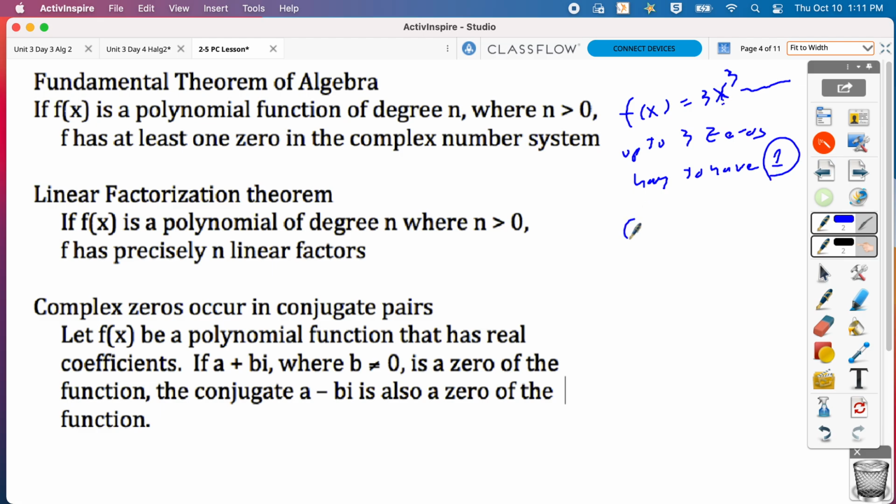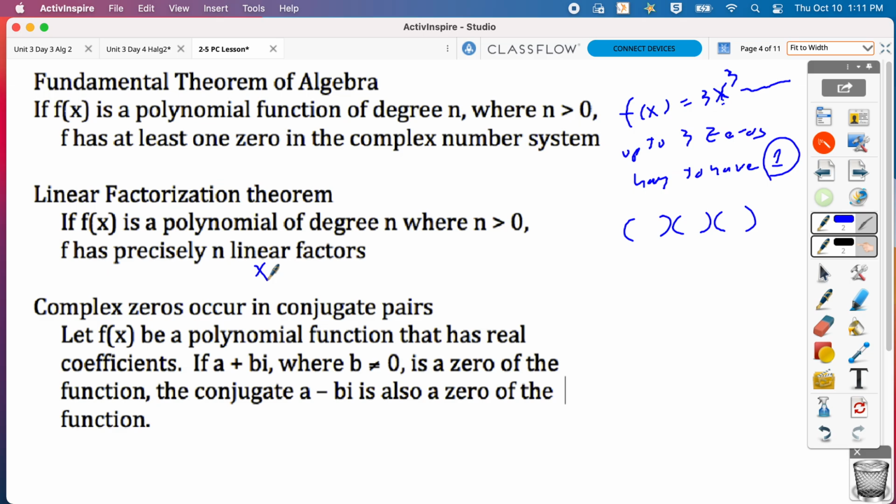This x to the third has 3 factors, has to have 3. An x to the 7th has to have 7 linear factors. Linear factors are just x's, not x squareds, but x's. So the linear factorization theorem says 3x to the third has 3 linear factors.